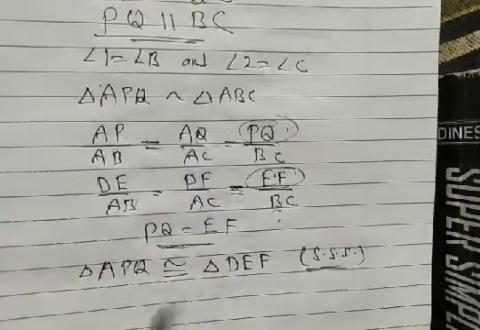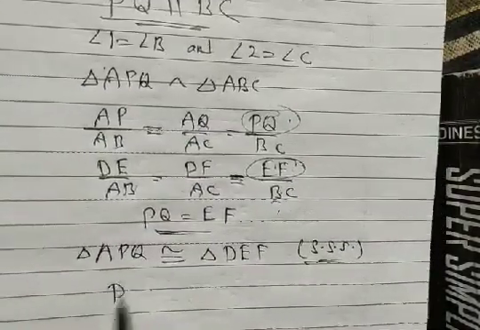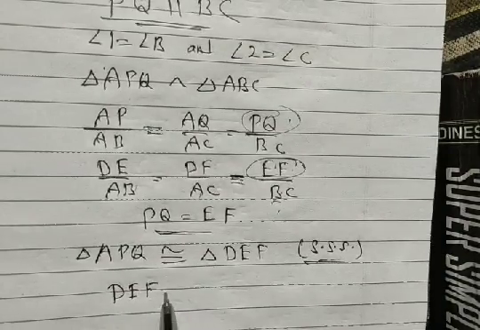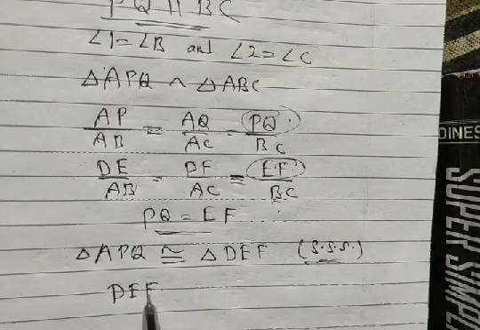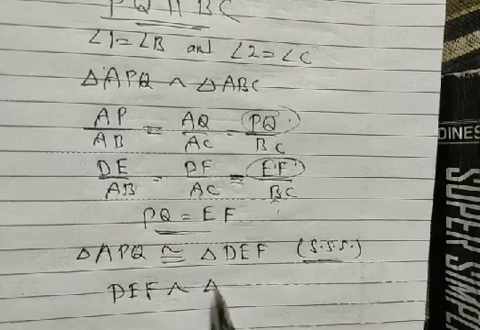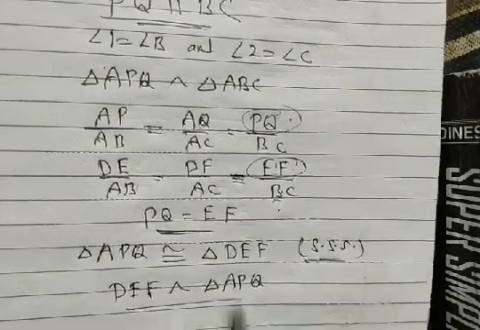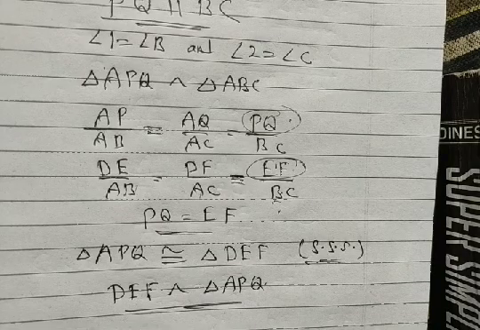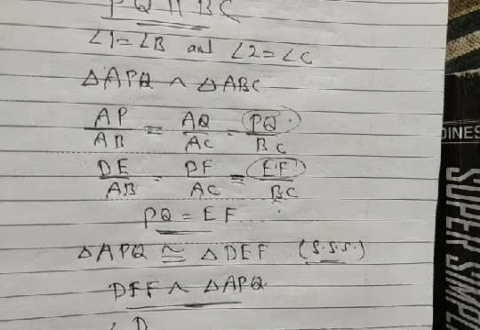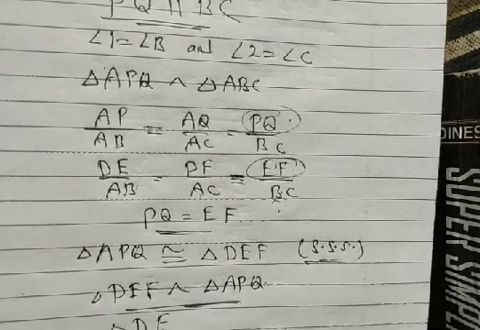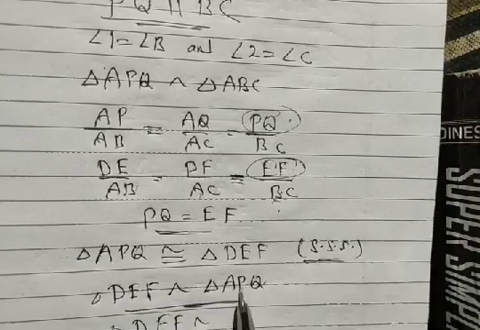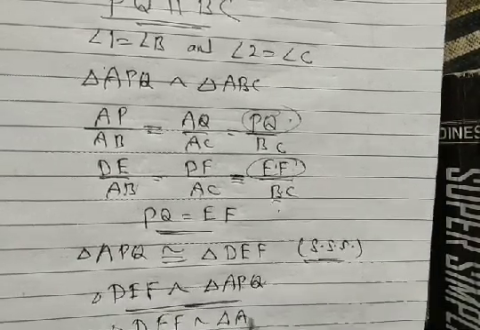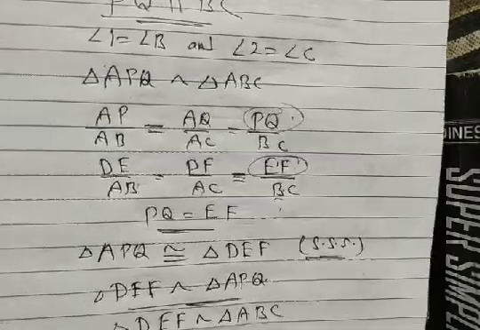Then we have our triangle DEF is similar to triangle APQ, and triangle APQ is similar to our ABC, so triangle DEF is also similar to triangle ABC.